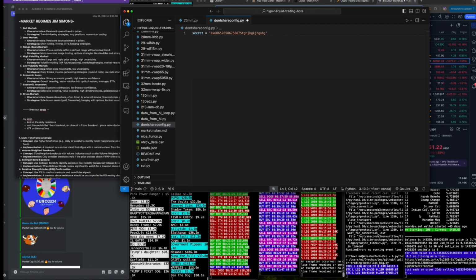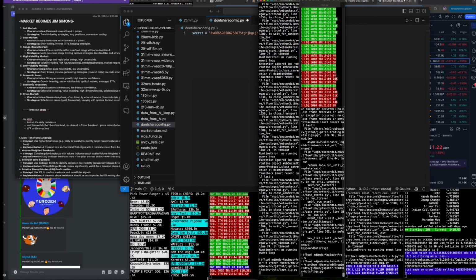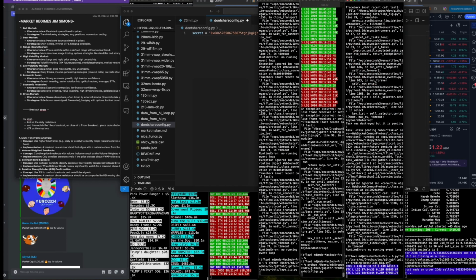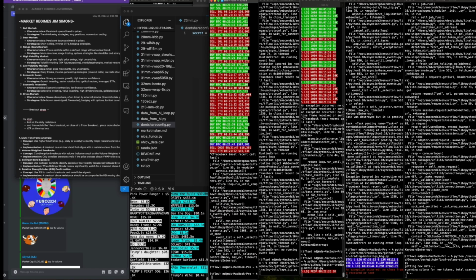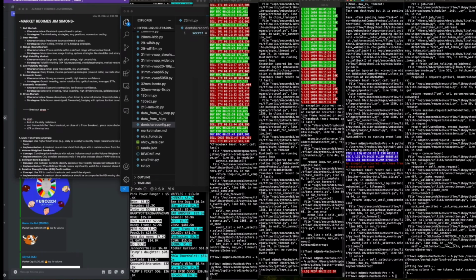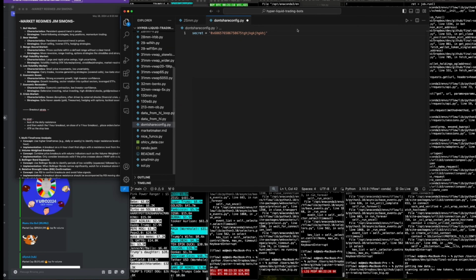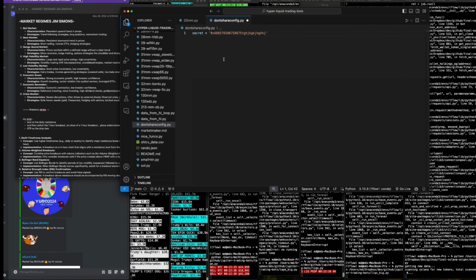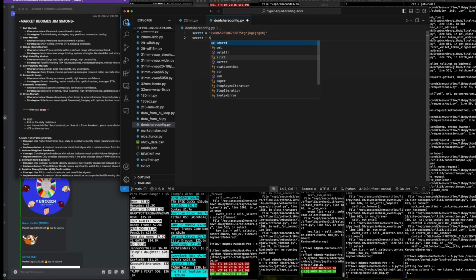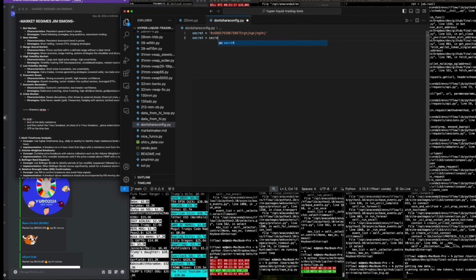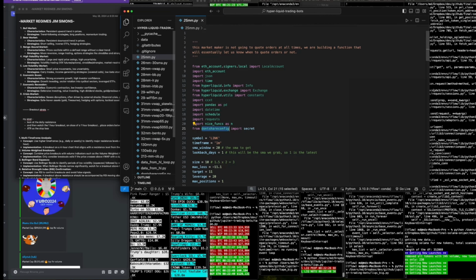So let me go get my private key. This is how it's set up though, if you are wondering: don't share config, private key. I'm gonna say secret equals secret to make it so I don't show my key. Okay, that's all. You know what it is now.